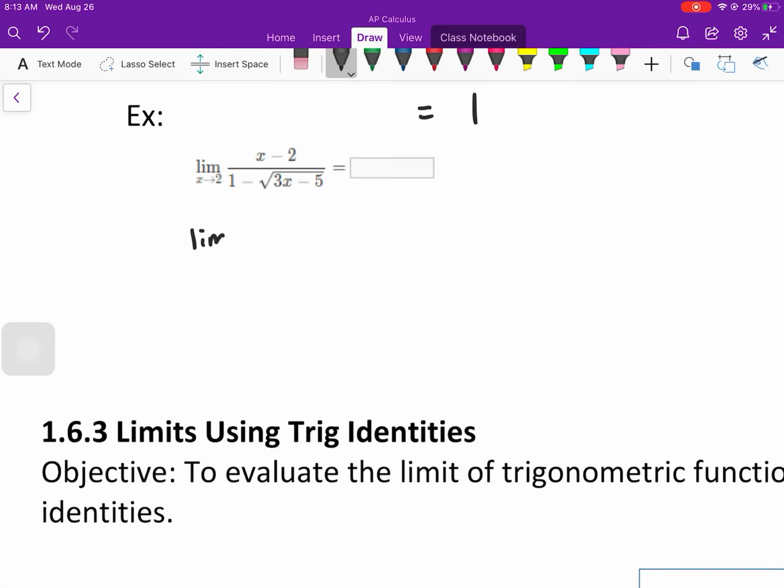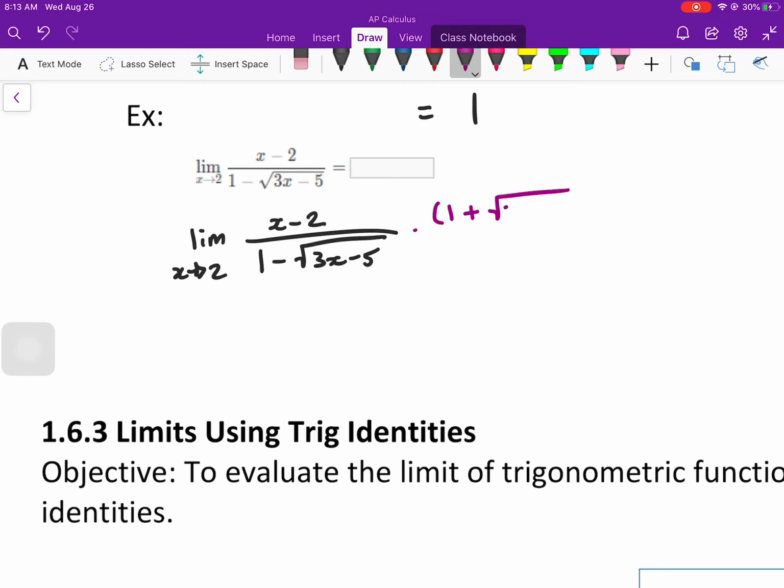So I'll just get you started on the conjugate part. We're going to multiply by the conjugate, so that's going to be 1 plus square root of 3x minus 5 over 1 plus square root of 3x minus 5.